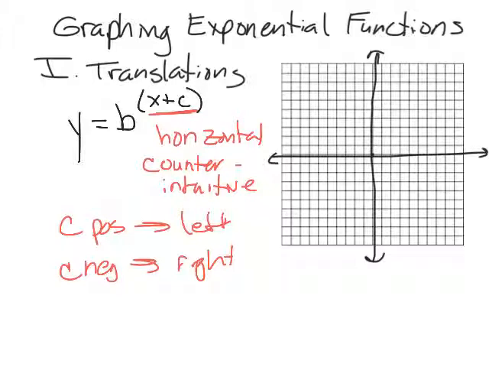My standard exponential function crosses the y-axis at 1, and then if I go to the right one, I go up the amount of the base. So if I have a base b for my standard function, I am crossing at 1, b.